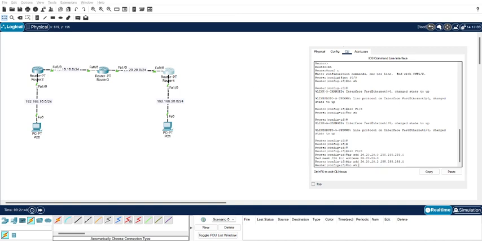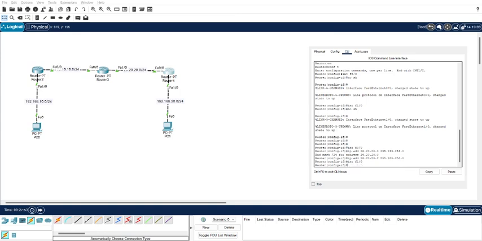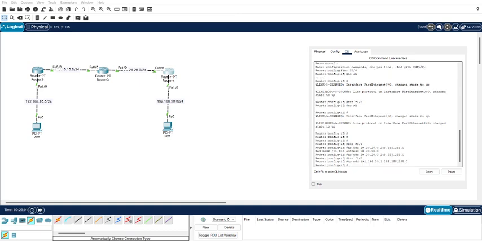Now let's add the gateway for the client. For the client, it's going to be 10.1, and then the subnet mask. The subnet mask is the portion that clients can use on this network. It's 256, right?